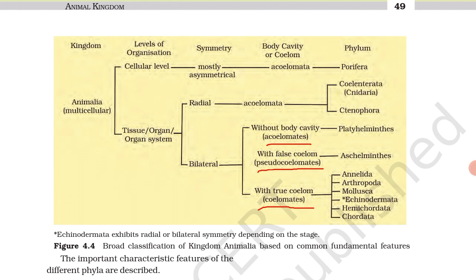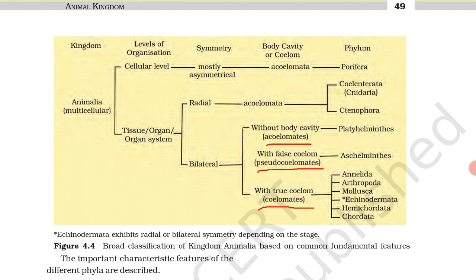So they have given the kingdom. We have already known about this as we are studying the animal kingdom. The kingdom is Animalia, and they are multicellular. Then the level of organization: we have seen cellular level of organization, tissue level of organization, and organ system level of organization.